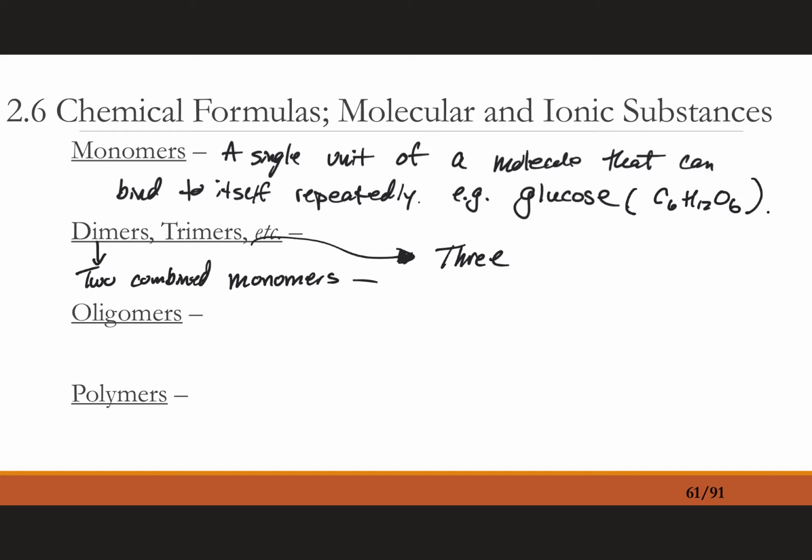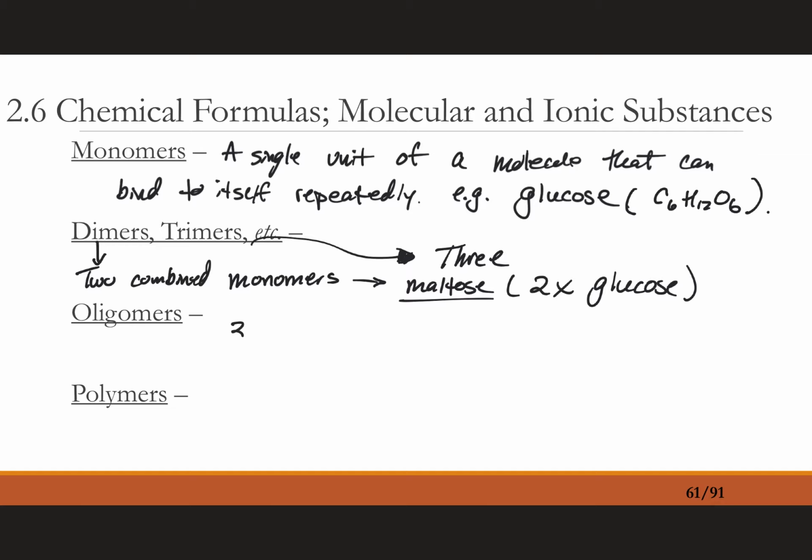An example of a dimer would be maltose. Maltose is 2 times the glucose. They will literally chemically bond to each other to be one single molecule, and that happens to be maltose, which is another type of carbohydrate or sugar. Anything that has malted this or malted that has maltose in it.